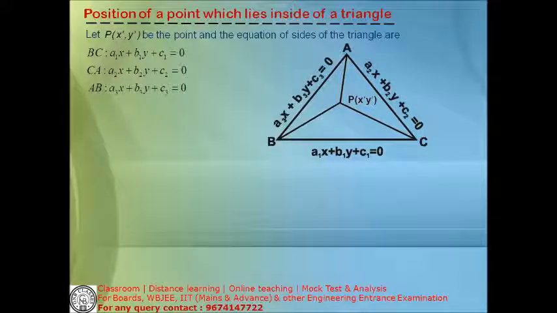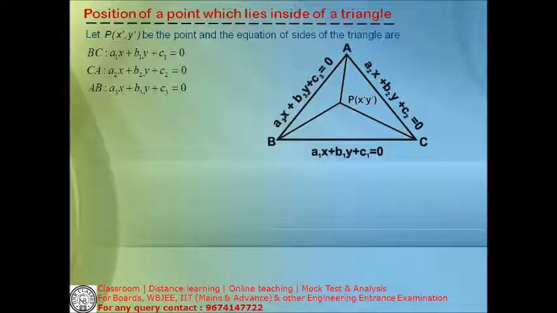Now we have to find the condition. For that, first of all we have to find the vertices of this triangle. To get the vertex A, we have to solve AB and AC, because when we solve these two linear equations simultaneously, we always get the point of intersection.